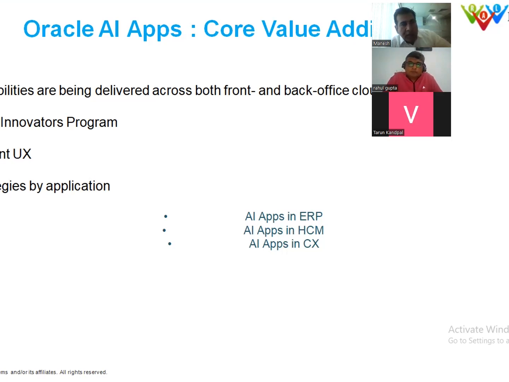So basically, this is a coordination between the client and Oracle. The respective client can be the pioneer, the first runner in getting the solution that they have coordinated with Oracle. Again, this is a very good program.